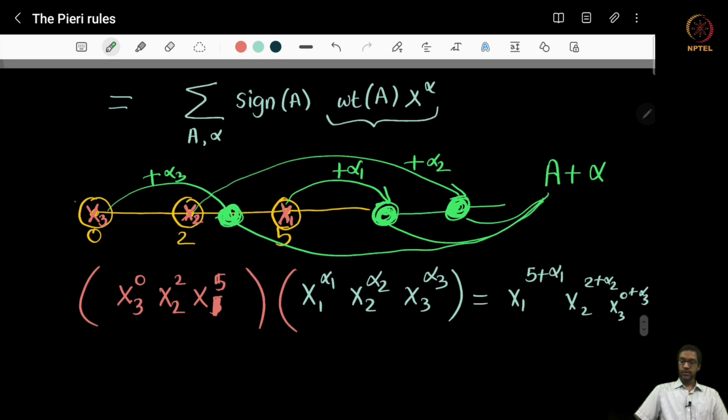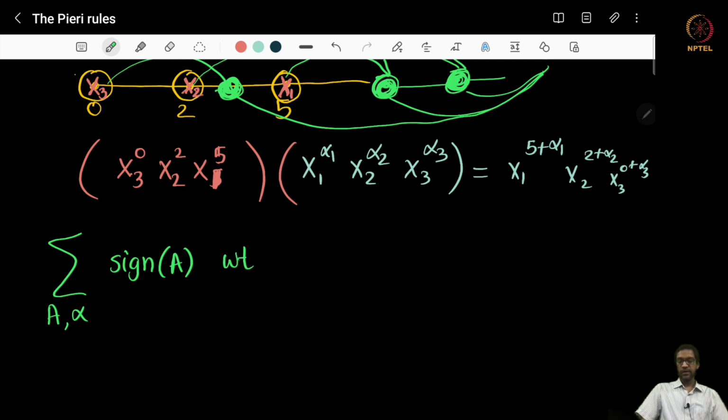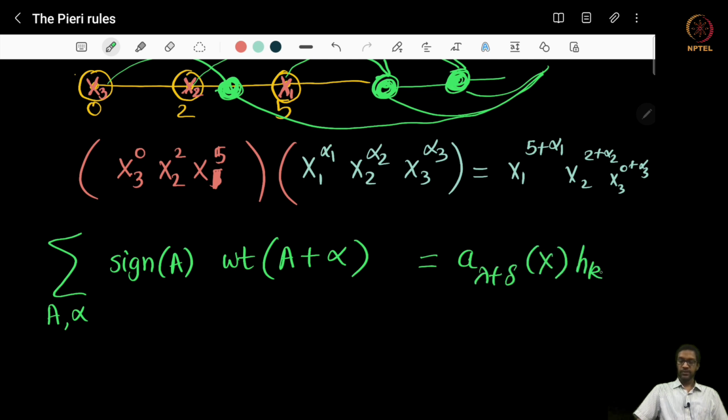So summing over all A and all alpha, the sign of A and weight of A times x power alpha is just another way of saying take the new abacus A plus alpha and take the weight of that new abacus. This is what we are doing when computing the product of A lambda plus delta times HK. Even this product has an abacus interpretation.